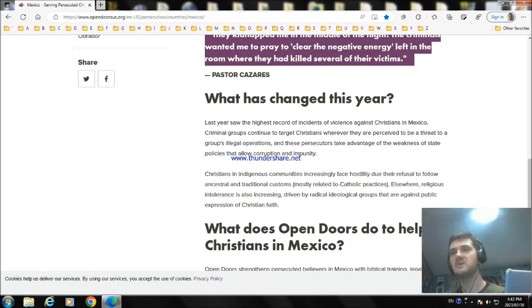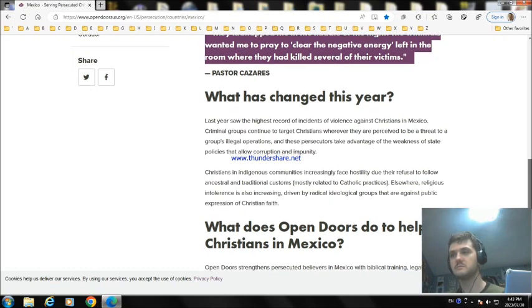Christians in indigenous communities increasingly face hostility due to refusal to follow ancestral and traditional customs, mostly related to Catholic practices. Elsewhere, religious intolerance is also increasing, driven by radical ideological groups that are against public expression of the Christian faith.